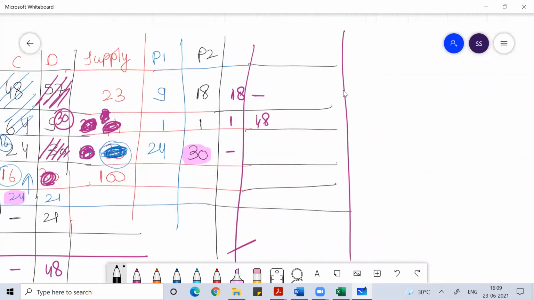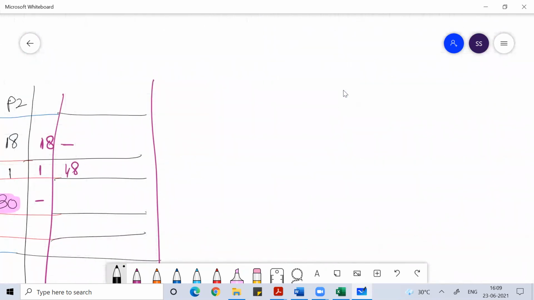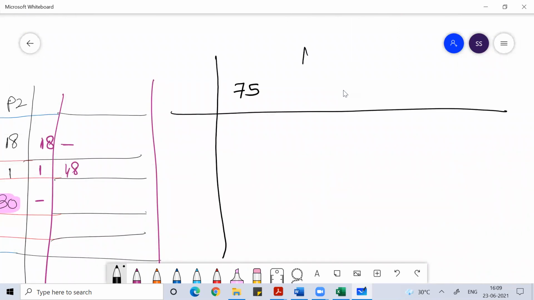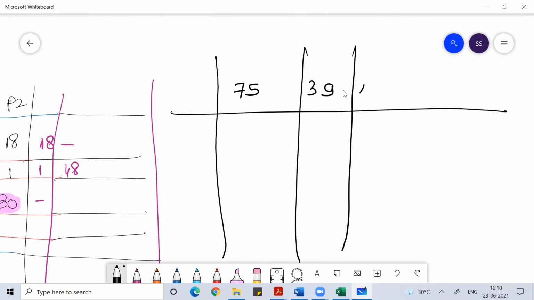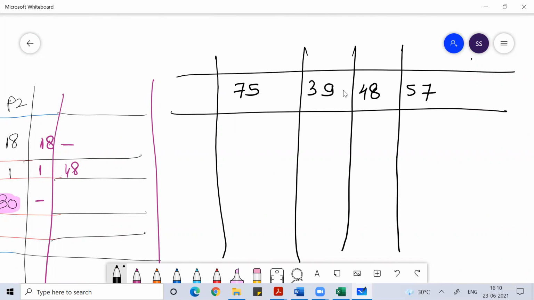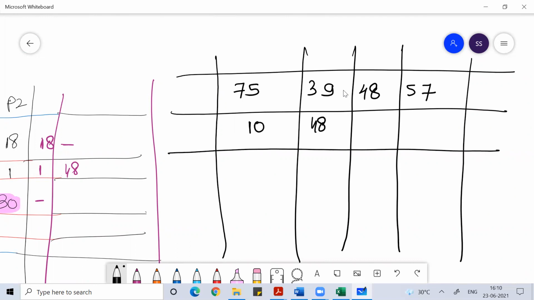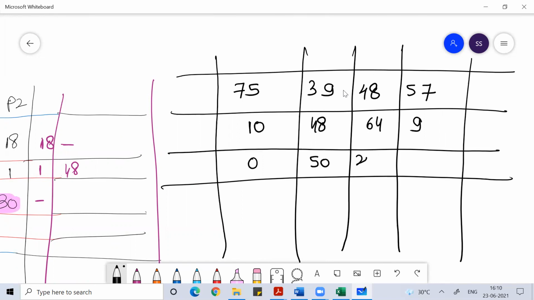this is 75, this is 75, this is 75, then 39, then 48, then 57, then 10, 48, then 64, then 9, then 0, then 50, then 24, then 30.